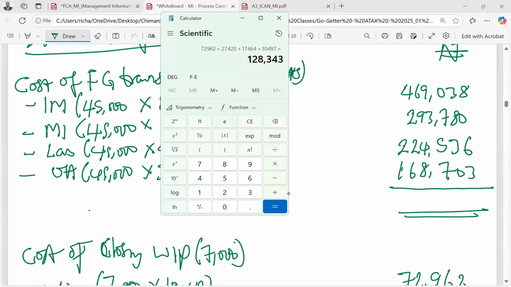the top one here. 469,038 plus 293,780 plus 224,536 plus 168,703.